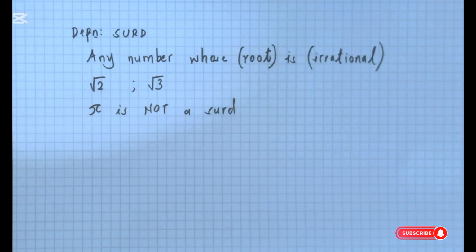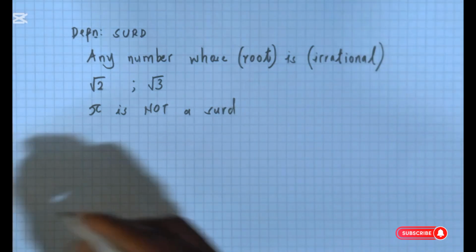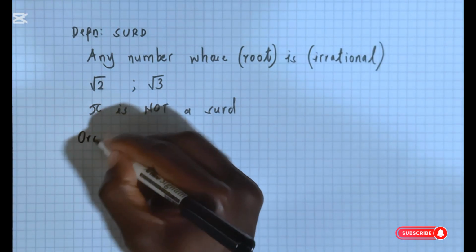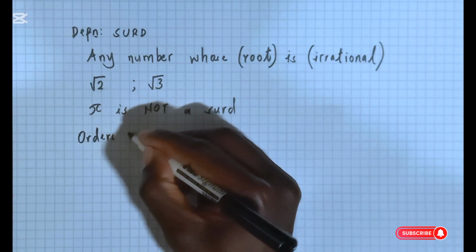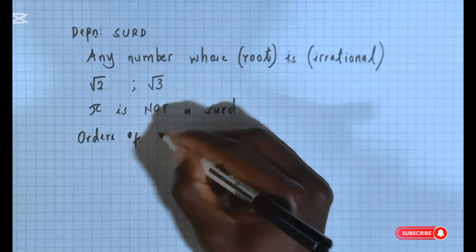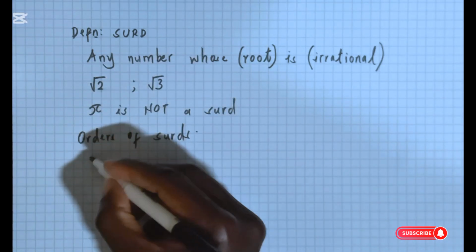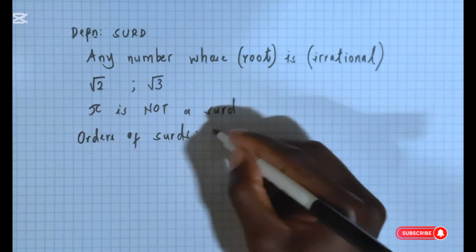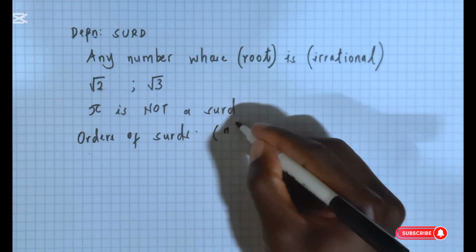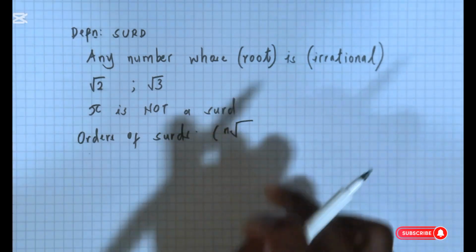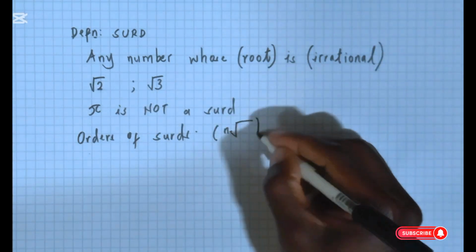For the next point, I want to point out the classifications or orders of surds. Surds can be of different orders. Surds are usually in the form of the nth root.